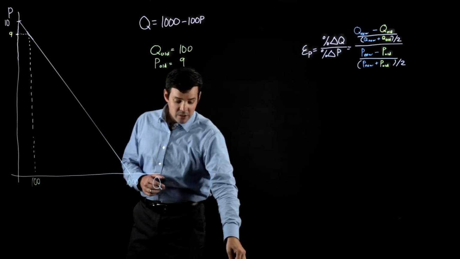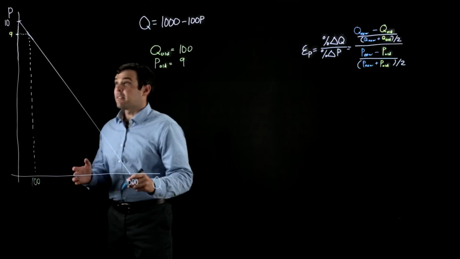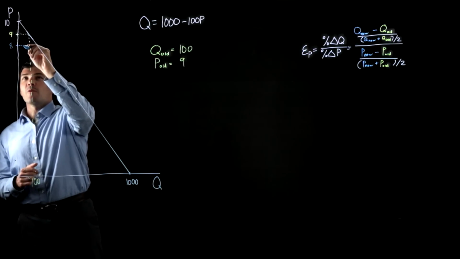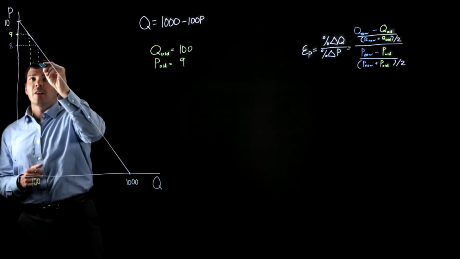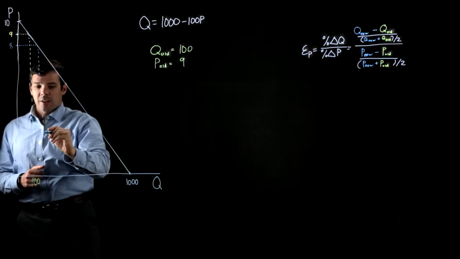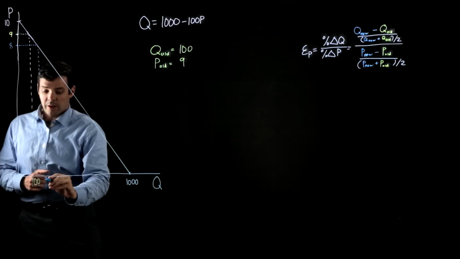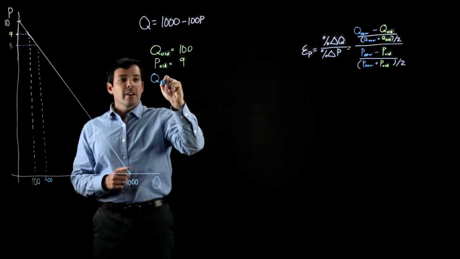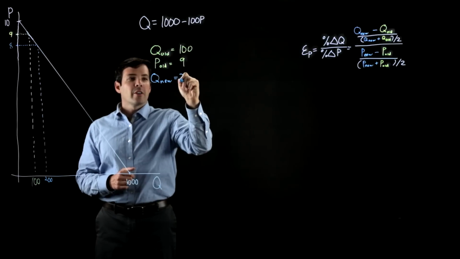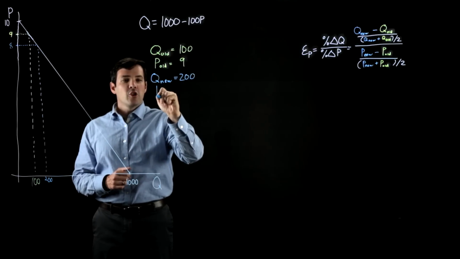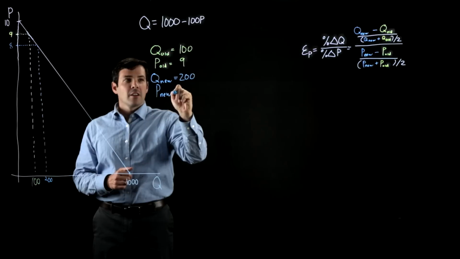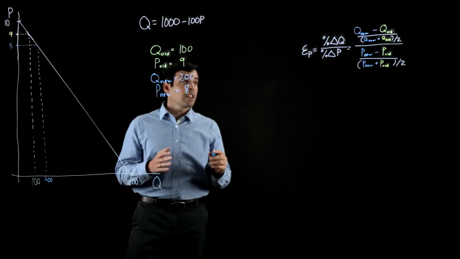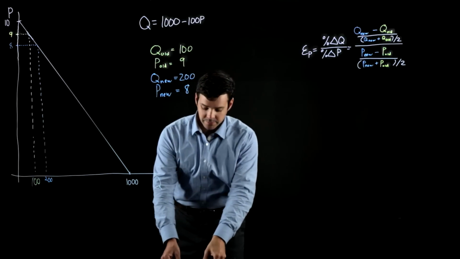Now what happens when we move to a price of 8? We know from our demand curve that the quantity demanded is going to be 200. So our new quantity is 200 at a new price of 8. So let's put this into the equation.